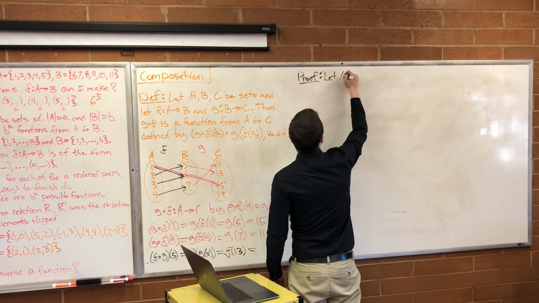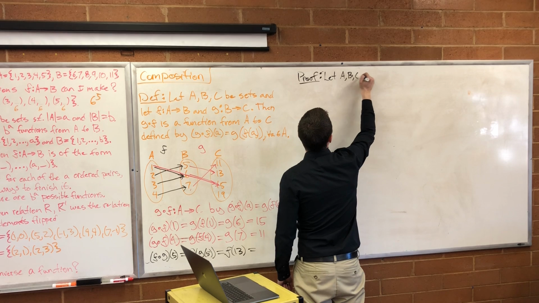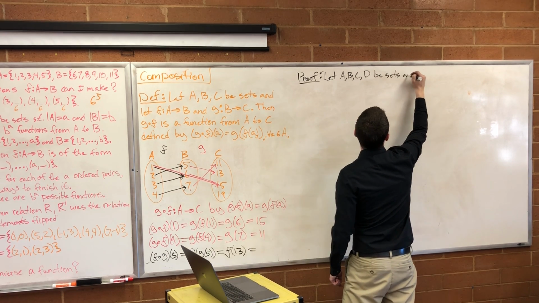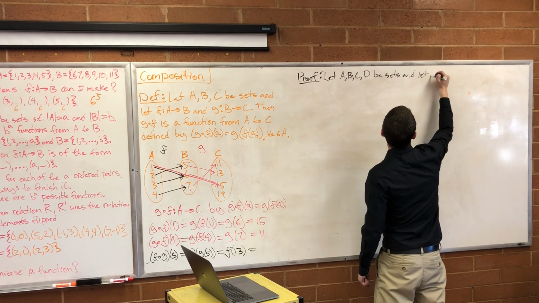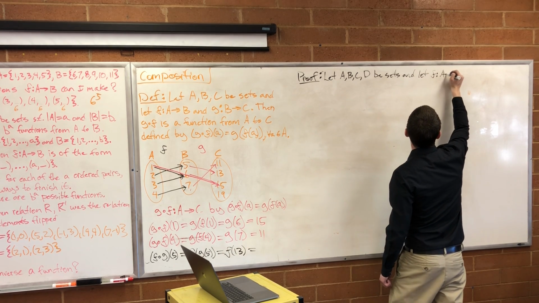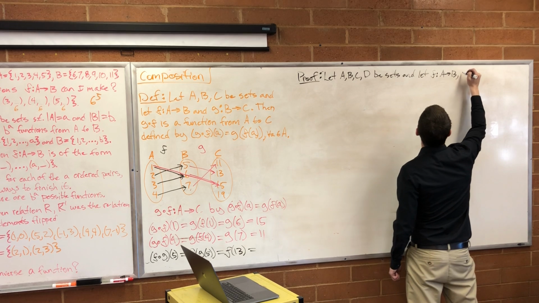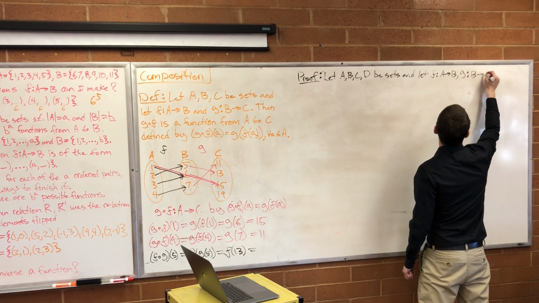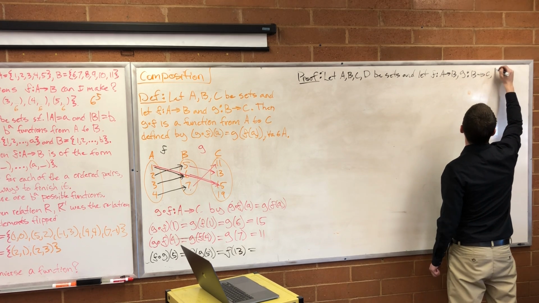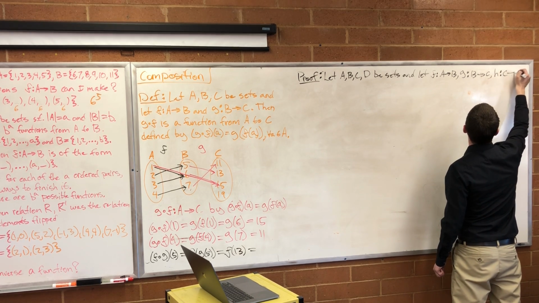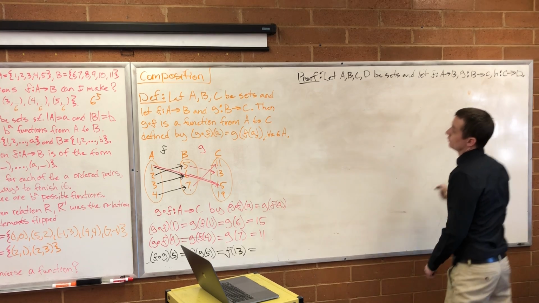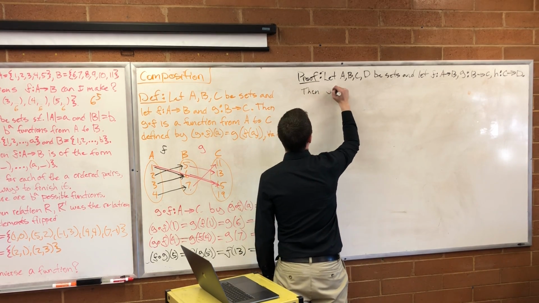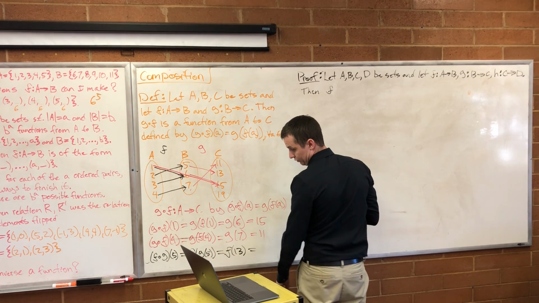So let A, B, C, D be sets, and let f be a function from A to B, g be a function from B to C, and h be a function from C to D. Then, which one do we want to do first?